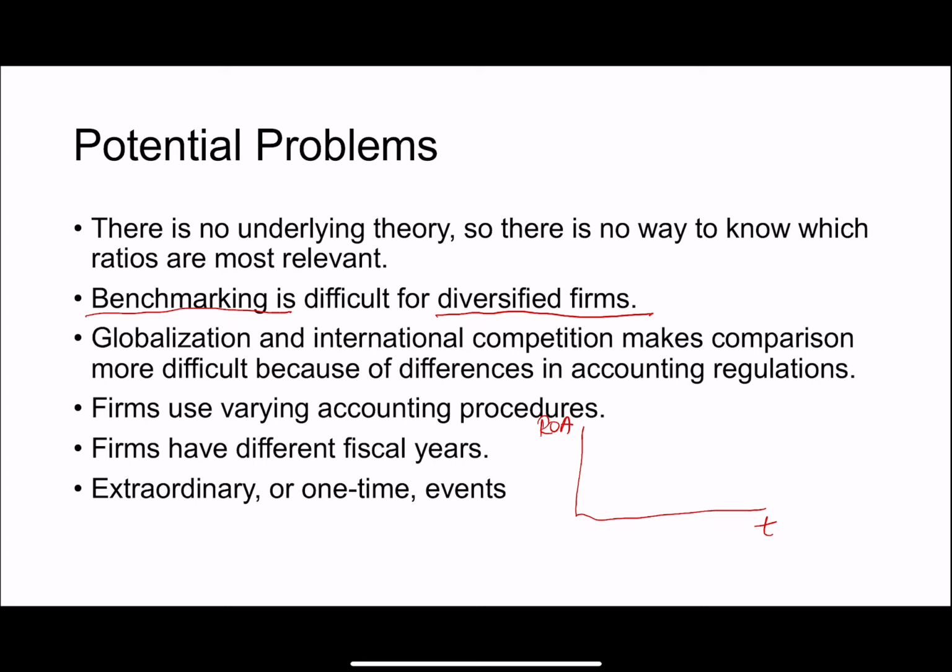So let's say you have some extremely poor performance here, negative ROA, but if you do trend analysis, you will see that the company was something like this, and then boom, it went down. Well, most likely it's some kind of extraordinary one-time event. You need to see what happens. Maybe it was the coronavirus pandemic. Maybe it was some lawsuit that the firm had. So doing trend analysis and also comparing to the industry peer group always helps.